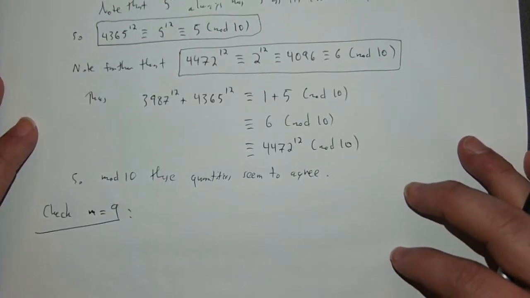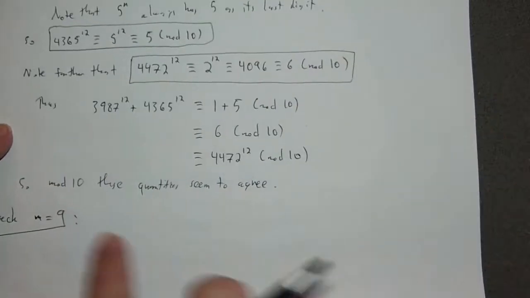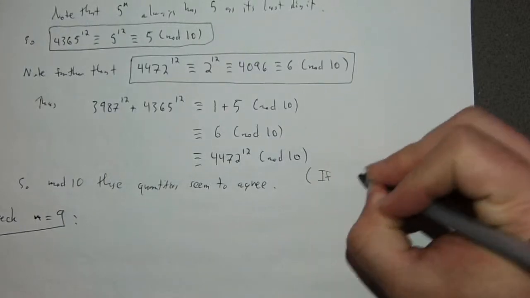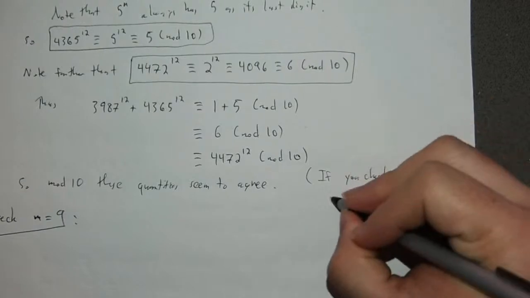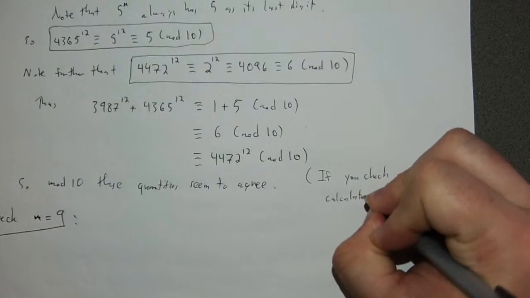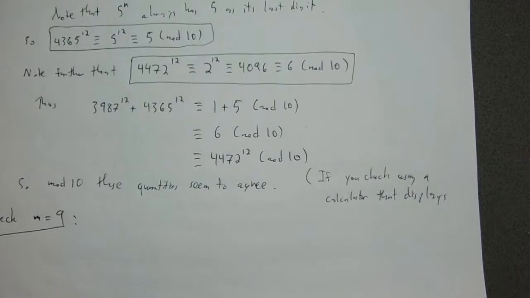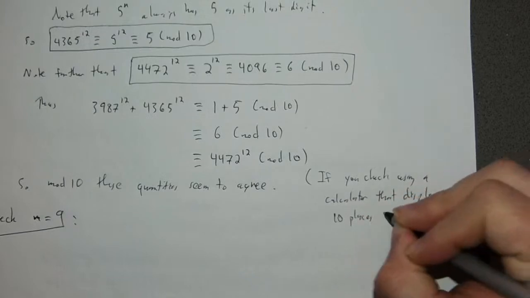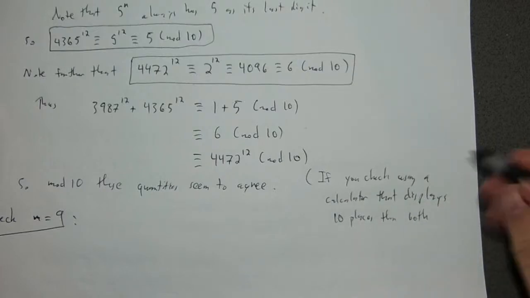Anyway, getting ahead of myself a little bit. Maybe I'll say this before going on. They seem to agree. In fact, if you check using a calculator that displays, I think the textbook says it displays 10 places, then both quantities display the same exact amount.